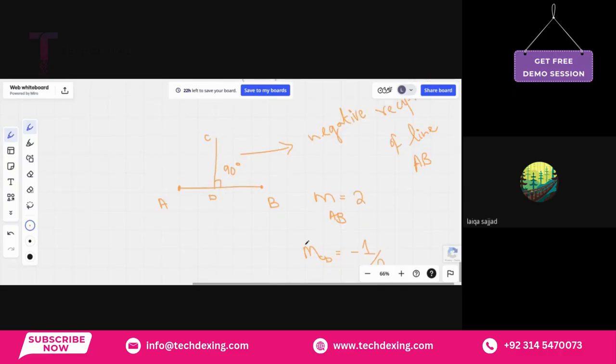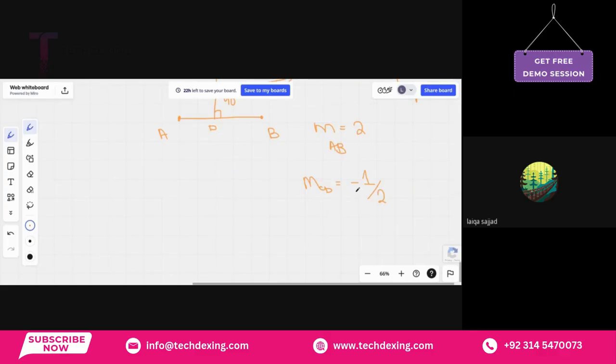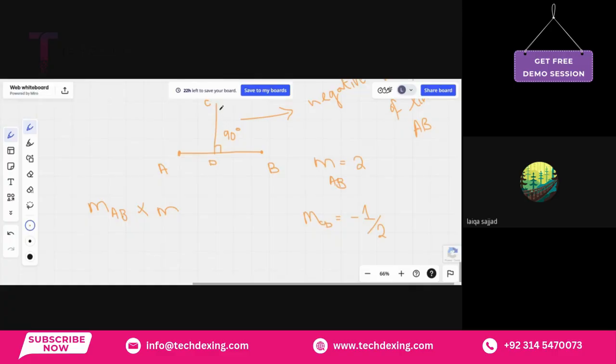You can simply tell the gradient of a line perpendicular to it, and whenever two lines are perpendicular to each other, when you multiply their gradients, it will always equal -1. So you can see that these two are perpendicular to each other, so the slope of AB multiplied by the slope of CD will always give you -1.